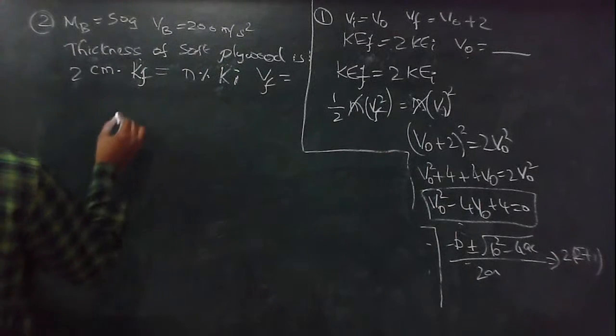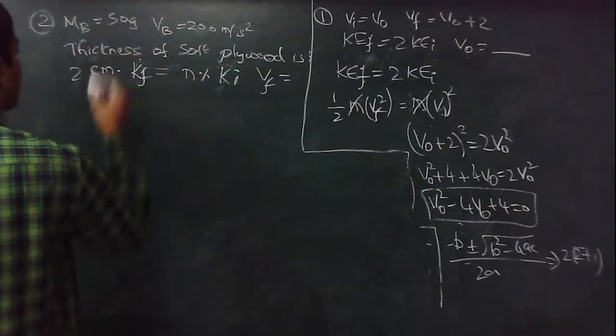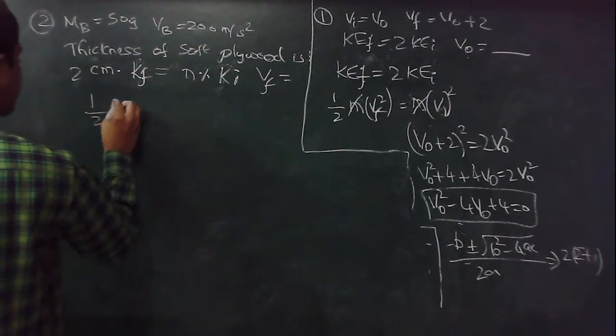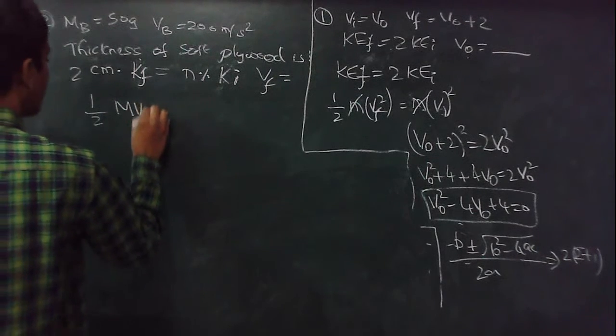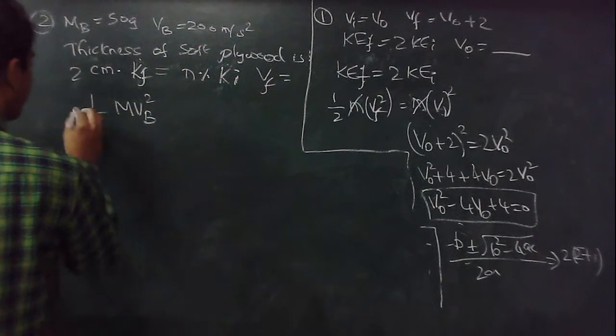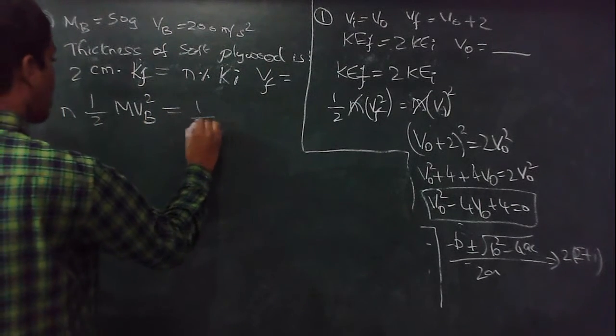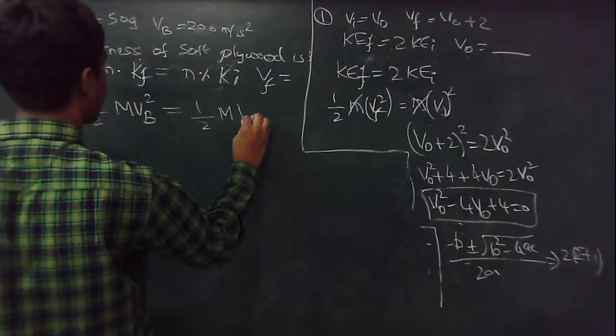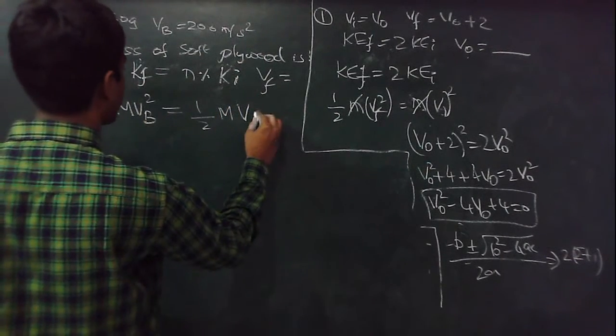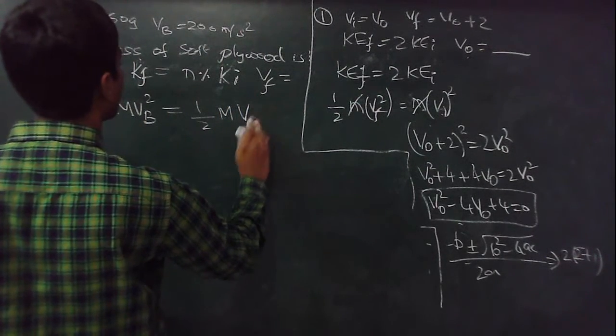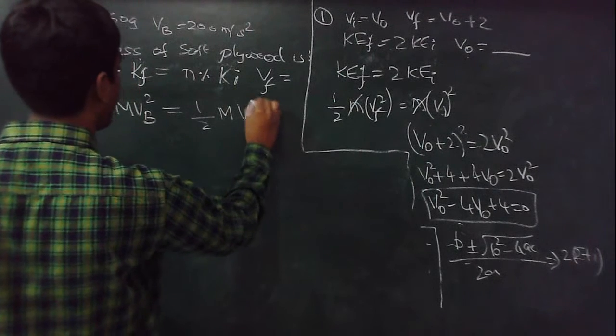Now we want to substitute here: half mv square here, we have n percent equal to half m v final square.